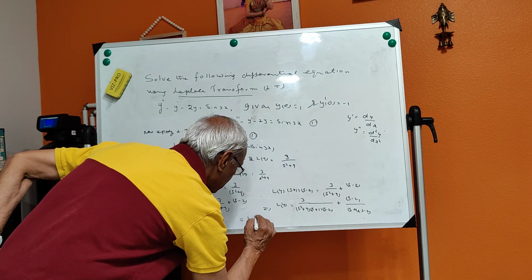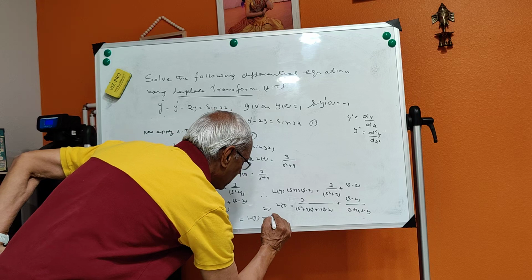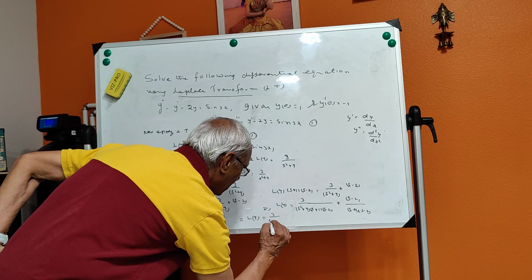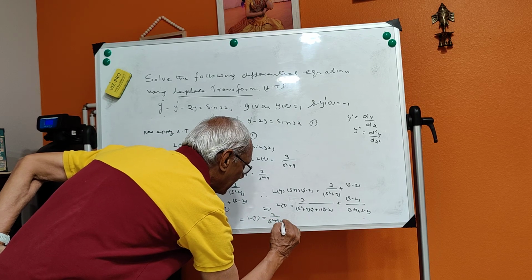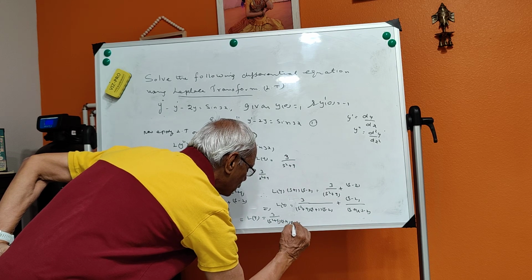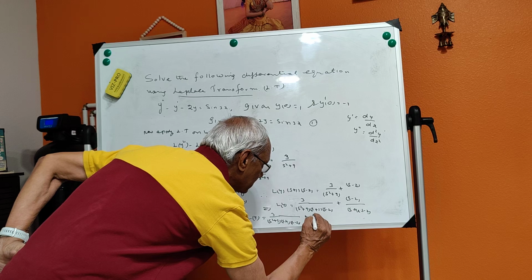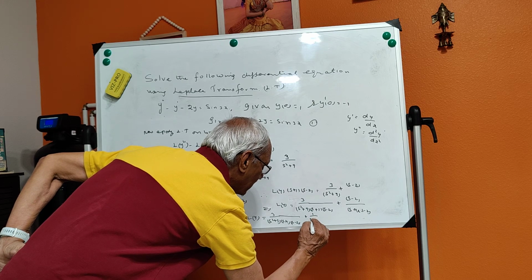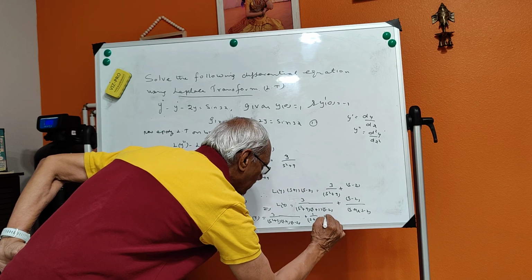So L of y is equal to 3 divided by s square plus 9, s plus 1, s minus 2, plus 1 divided by s plus 1.